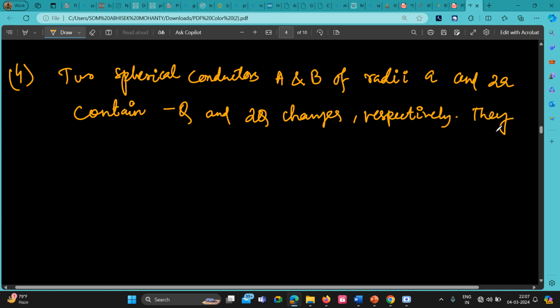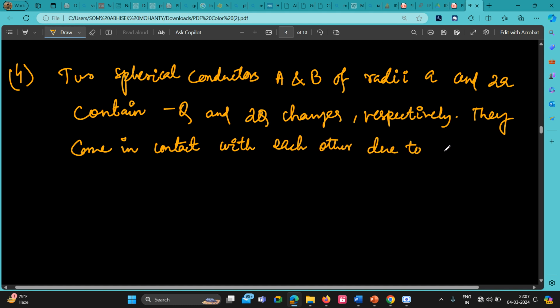They come in contact with each other due to electrostatic attraction and eventually move apart.